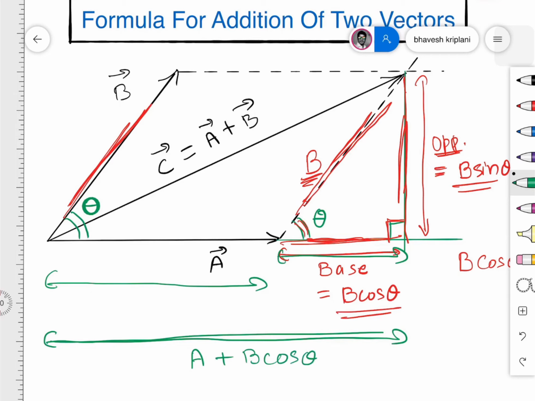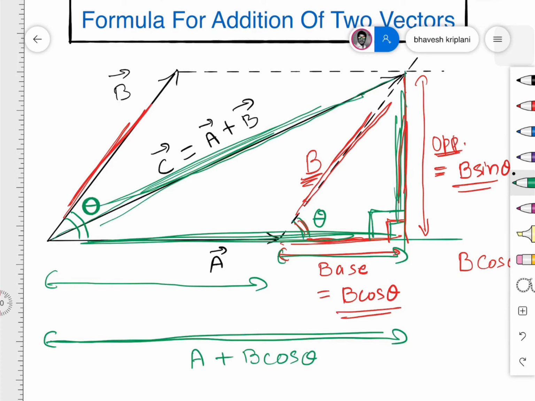And if we focus on this triangle over here, this whole triangle, this is the angle 90 degrees, this is the hypotenuse of the triangle, this is one side and this is the other side.